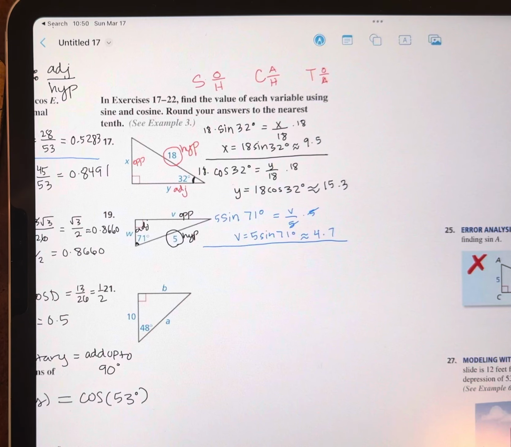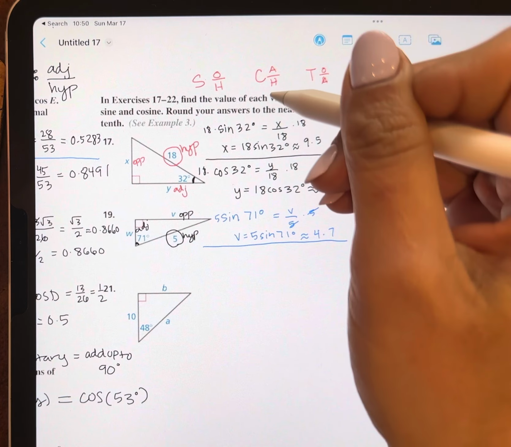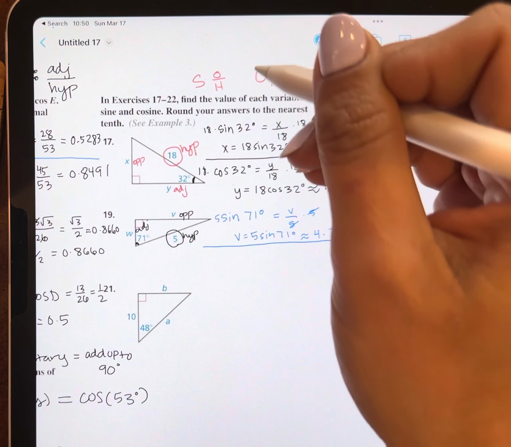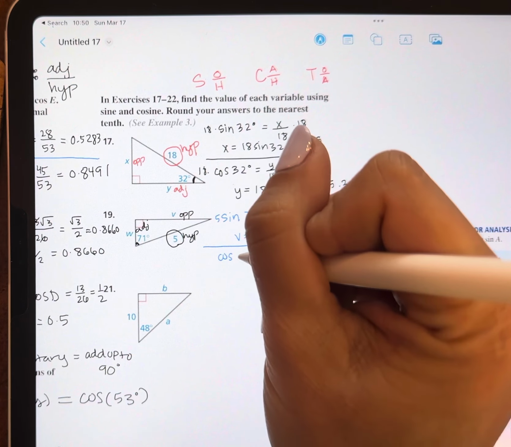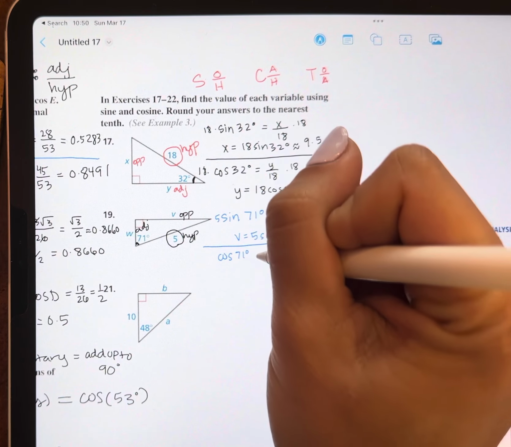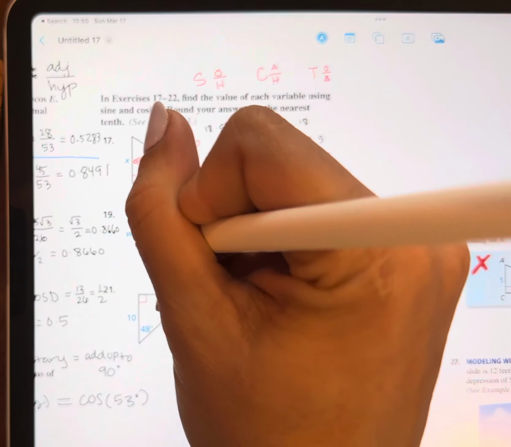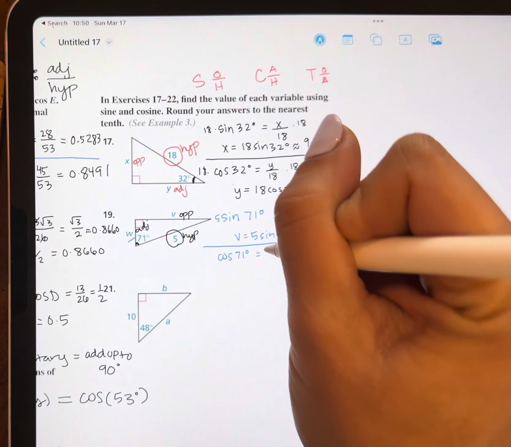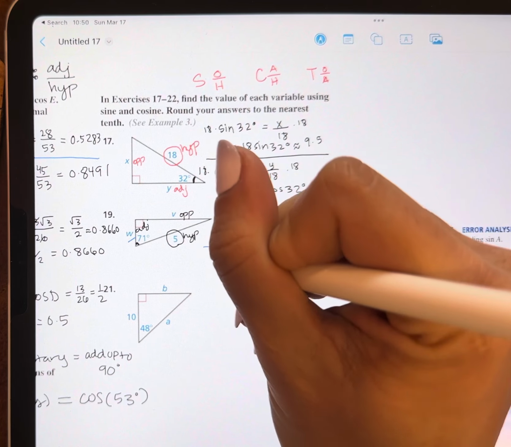We want to find w as well. Now w is adjacent and hypotenuse, so that's CAH. So we do cosine. Cosine of what? Always an angle. Equals opposite. No, cosine is adjacent, which is w, over 5. Multiply both sides by 5.